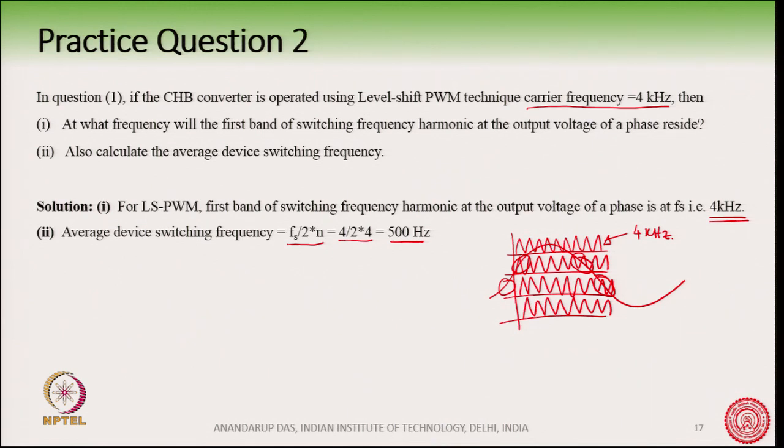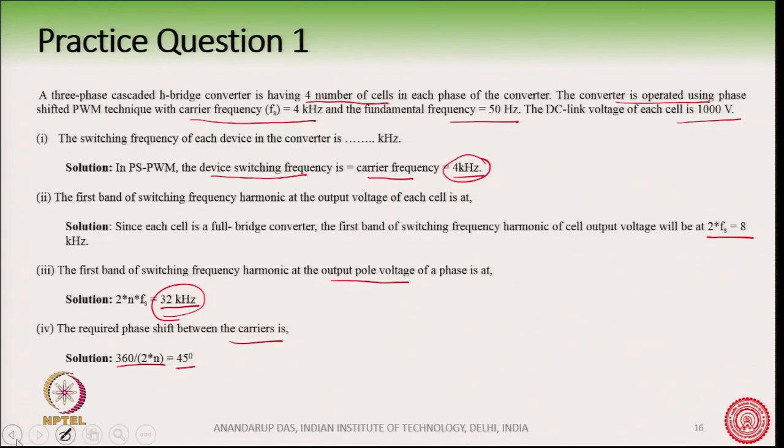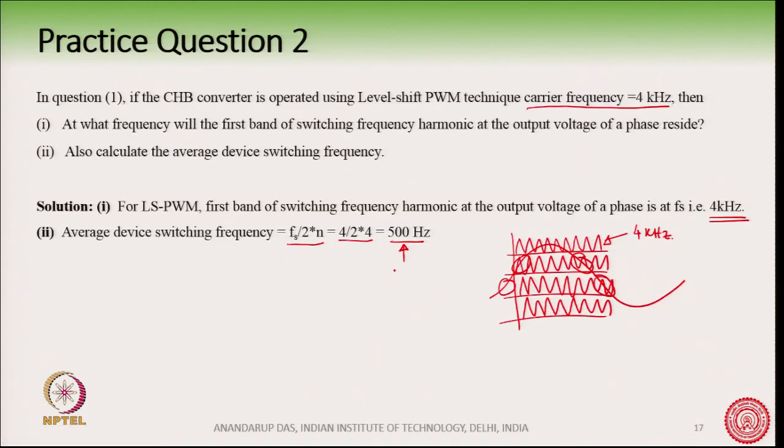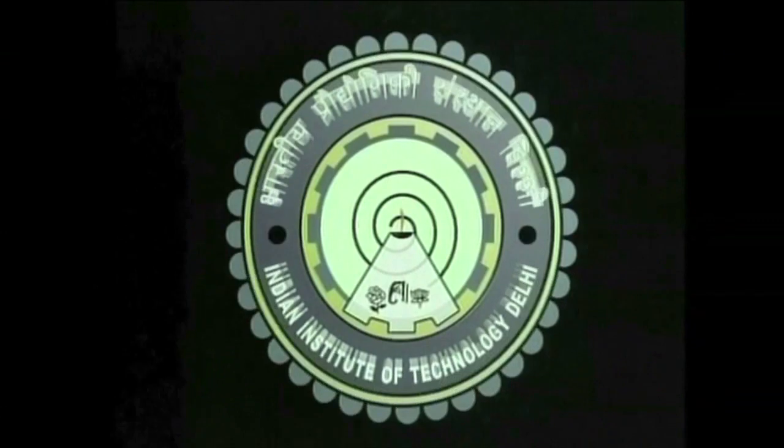If you increase this 500 hertz to the previous value, that is 8 times as in phase shifted PWM, that is 4 kilohertz, the harmonic frequency will also increase to 32 kilohertz. So, phase shifted PWM and level shifted PWM are comparable. Of course, level shifted PWM has slightly better harmonic performance, particularly when you have a lesser number of carriers.